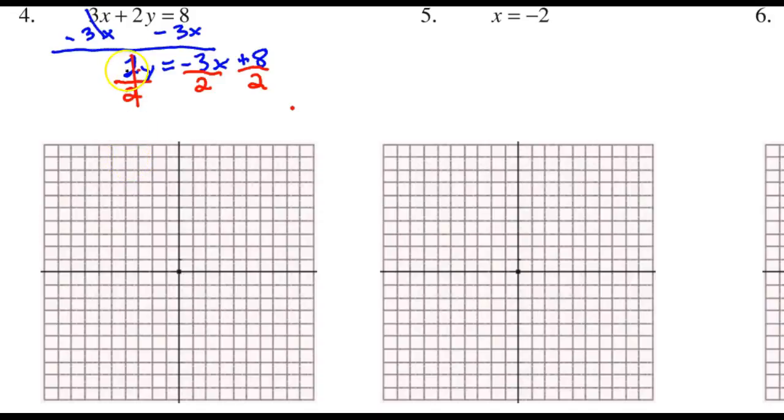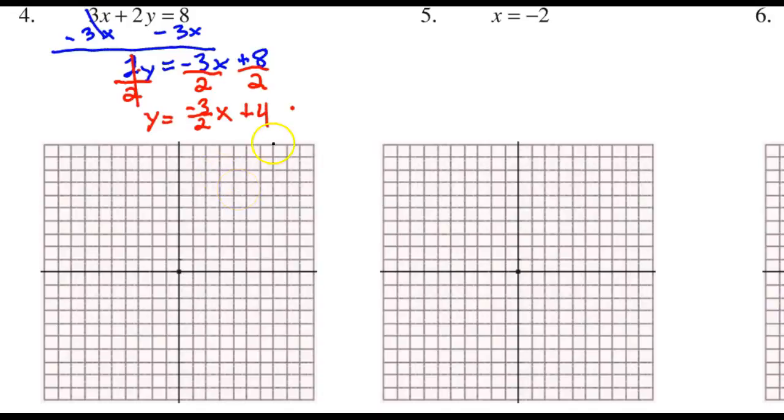So 2 divided by 2 equals 1, cancels out, and we have just y left over. -3 over 2, does that reduce at all? Nope, so we just rewrite that, -3 over 2. I'm going to write the x after the fraction, moving that x off the top and into the middle. What about 8 divided by 2? Does that reduce? So 4.